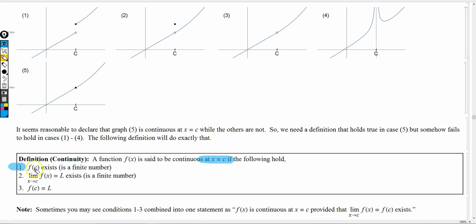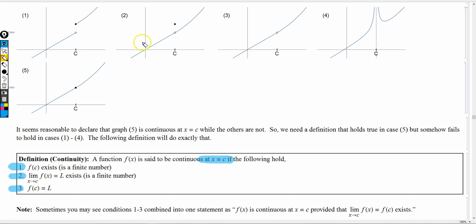First of all, f of c must exist. Second, the limit as x approaches c of f of x has to equal some number L. It exists. The limit exists. And then finally, number 3, f of c actually equals L.